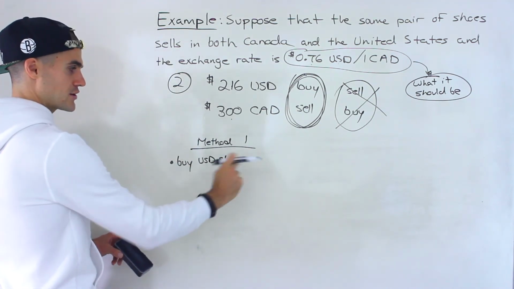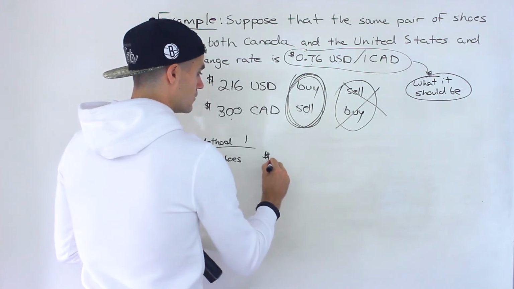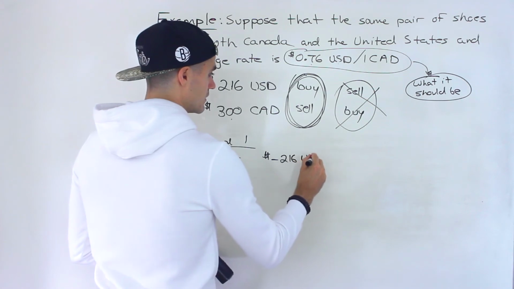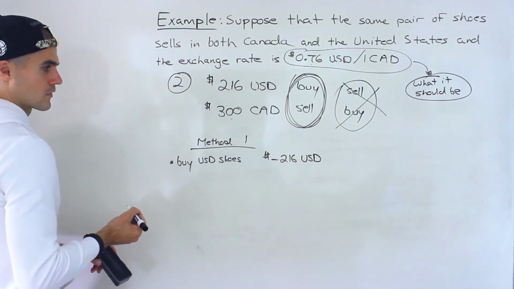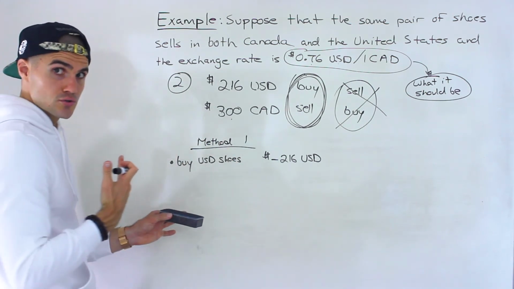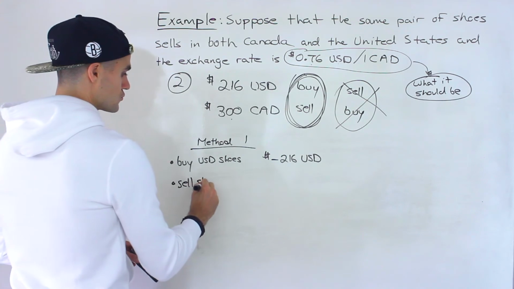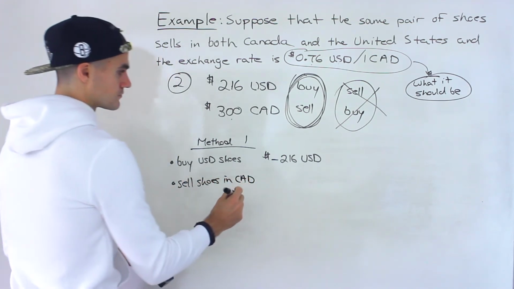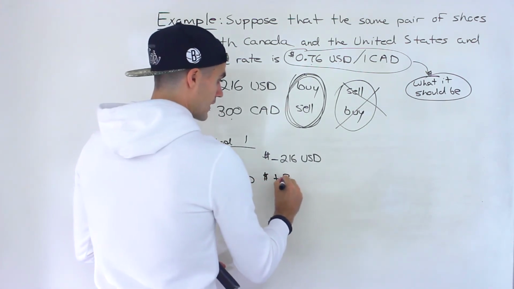And so what's our cash flow here going to be? Well, it's a negative cash flow. We're spending 216 USD. But we receive the shoes, and then what we're going to do, we're going to sell the shoes in Canadian dollars, and we're going to receive 300 CAD.